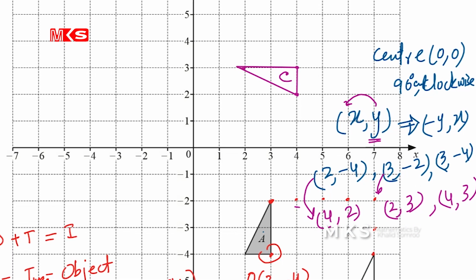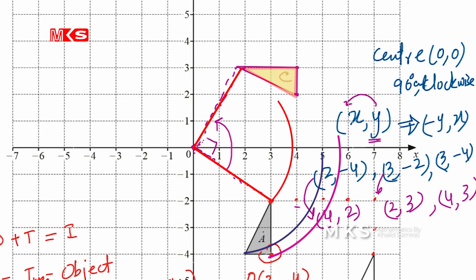The other method could be, if we physically rotate, we join each point with the origin, and then at the origin make an angle of 90 degrees, and then rotate this one 90 anti-clockwise.